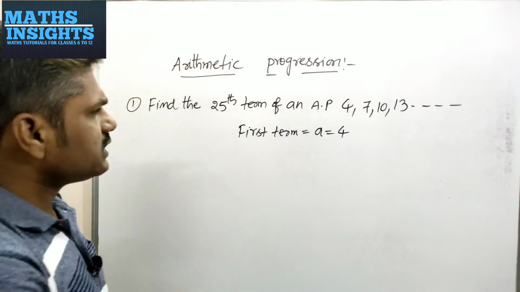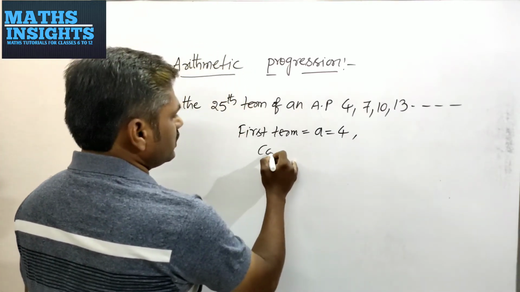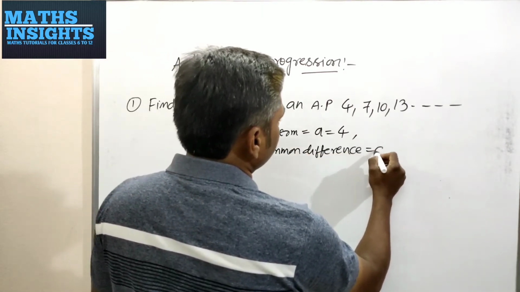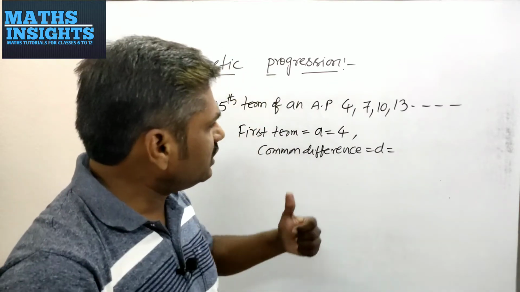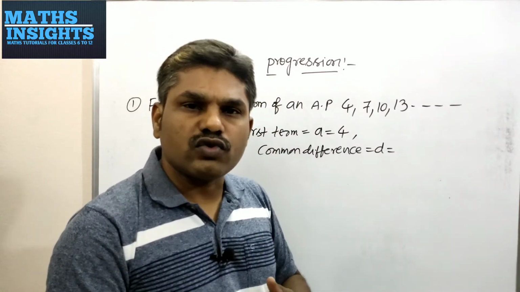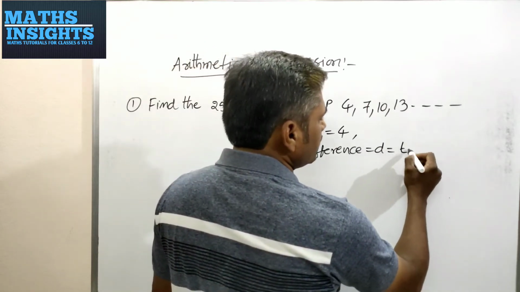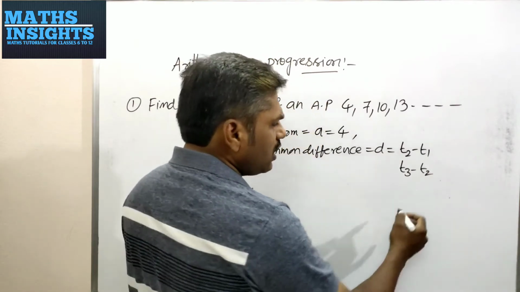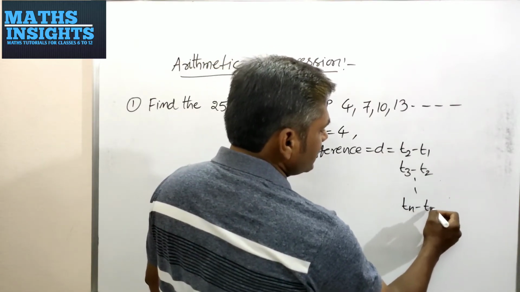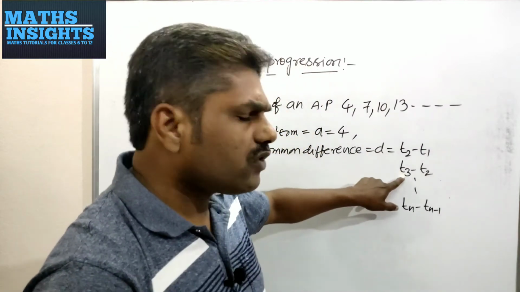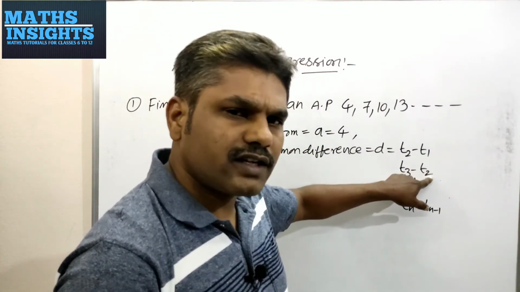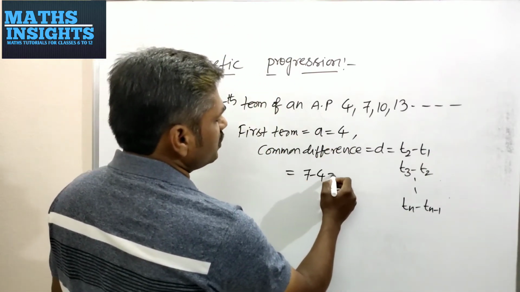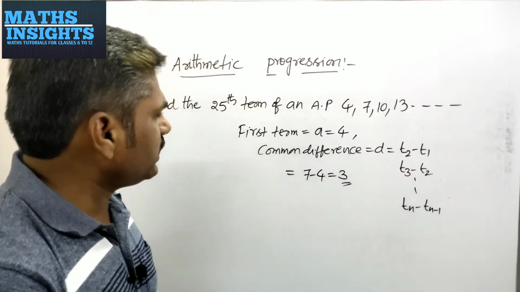Okay, and the common difference, that is equal to d. You know that is obtained as the difference of any successive 2 terms. You may write it as t2 minus t1 or t3 minus t2 and so on, tn minus tn minus 1. So if you are writing the third term, then you have to write the second term, the difference you are taking. So I am taking the first two, 7 minus 4, so the common difference will become 3.